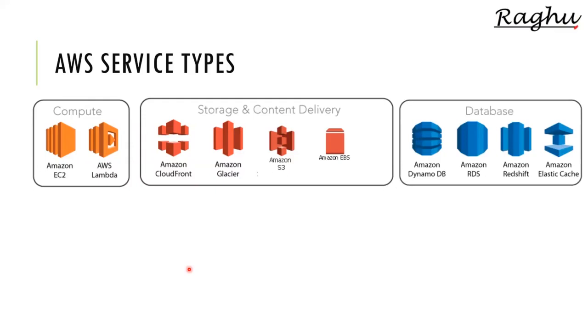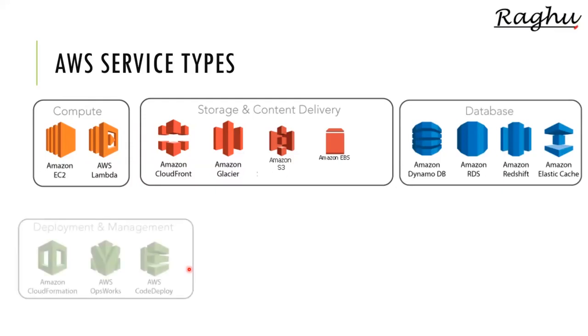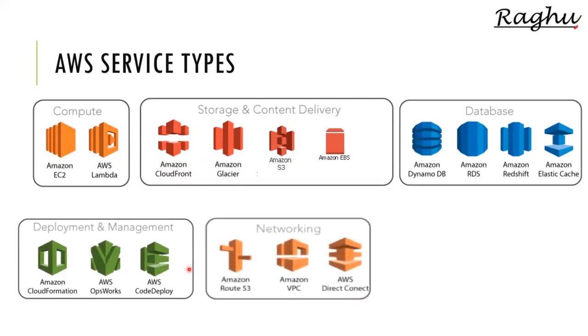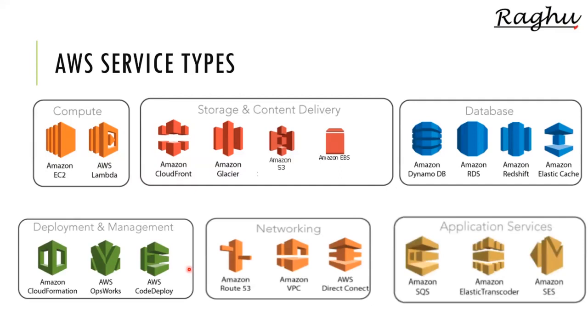Databases, to store data in table formats. Deployment and management, running an application and being able to observe it. Networking, creating a virtual network and routing the application. Application services, like message queues and email notifications. These are the different types of services.